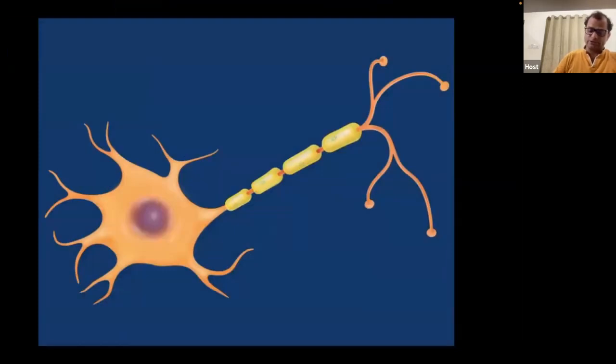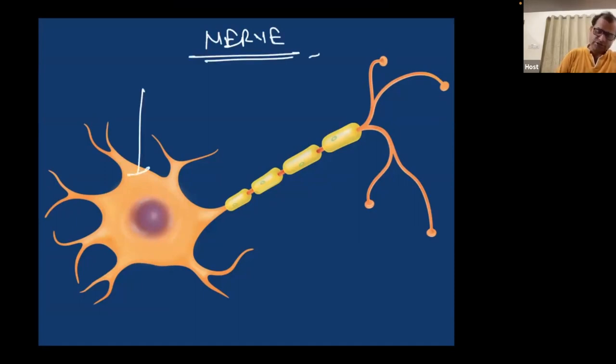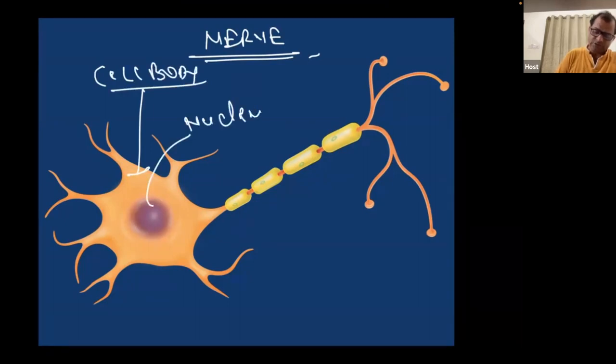So here we have discussed that this is the nerve. And we can see this is the cell body. This is the nucleus, a nucleus with the DNA. And this is the head of the nerve.